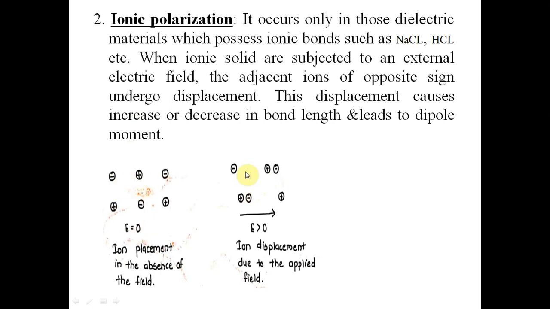The displacement increases the distance between them or decreases their bond length. See here, there is an increase in distance, and here a decrease. So the change in bond length leads to a dipole moment.